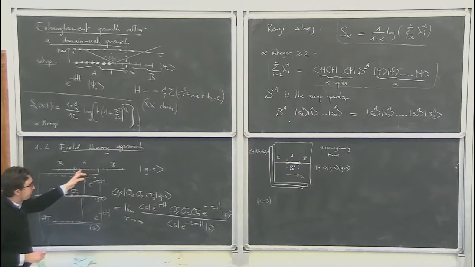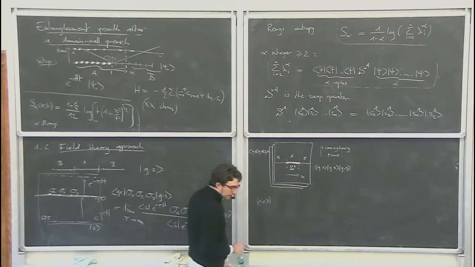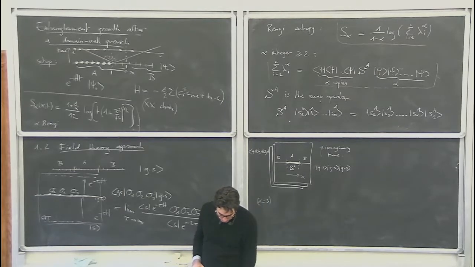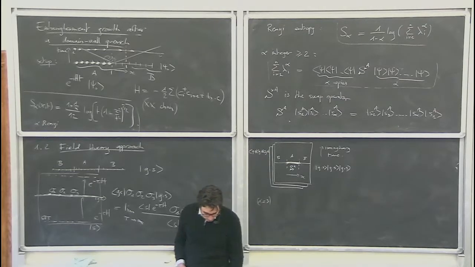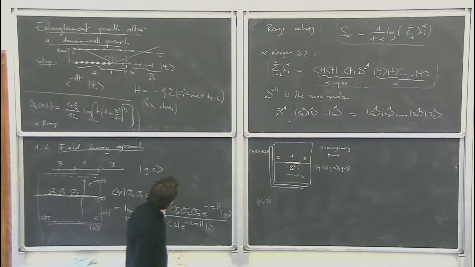I'm doing an interval because I cannot do half and half, because this would be infinite. So this is kind of the simplest case. I just want to explain you the technique at this point. And then once we have the technique, we will adapt it to deal with this case here.